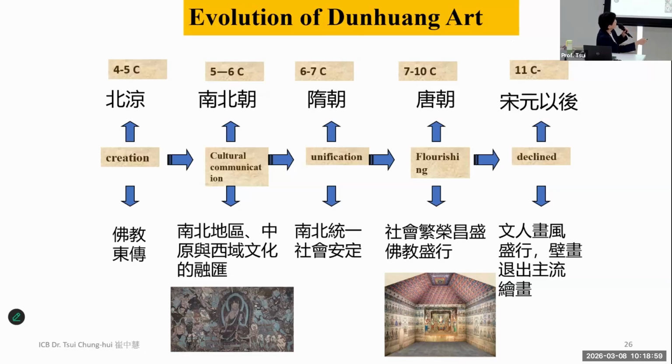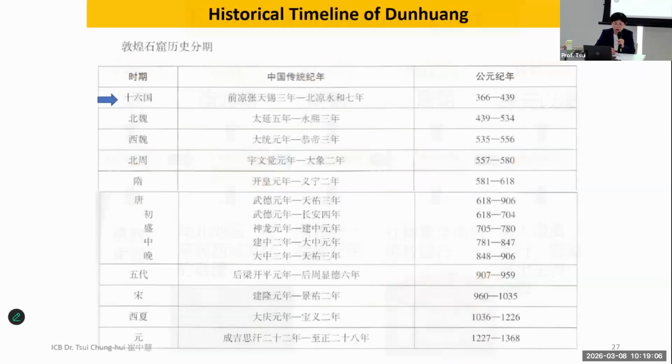So we can see the historical timeline for the development of the Buddhist caves in Dunhuang. The earliest date is 366, based on the Buddhist monk Yuezun, but the latest use of the caves was in the Yuan dynasty.